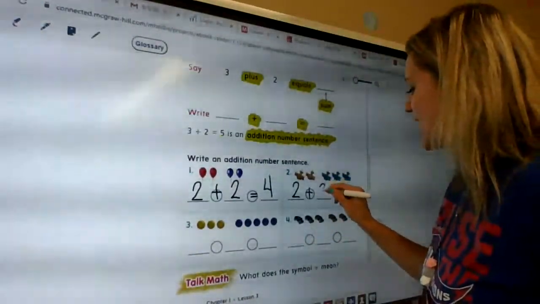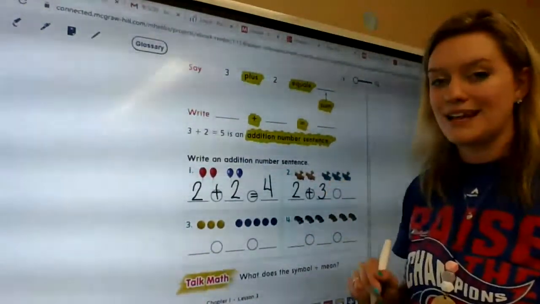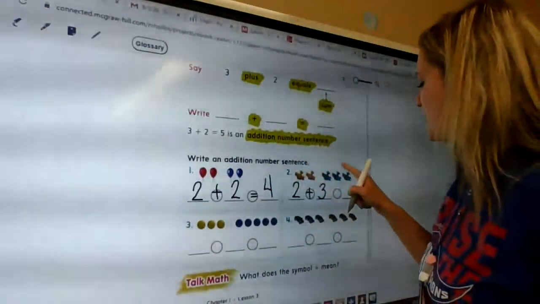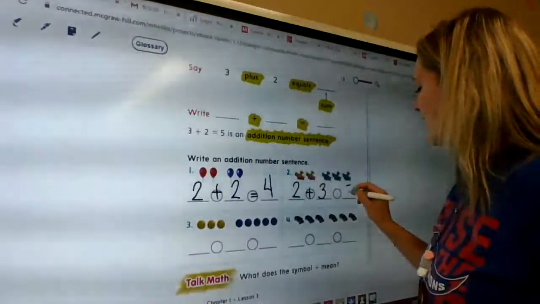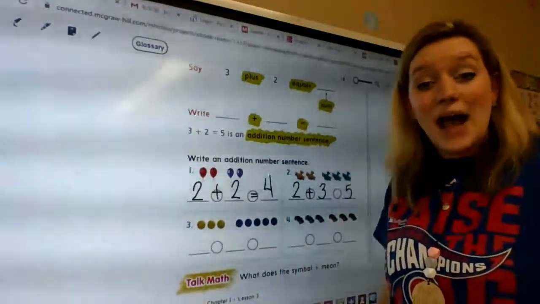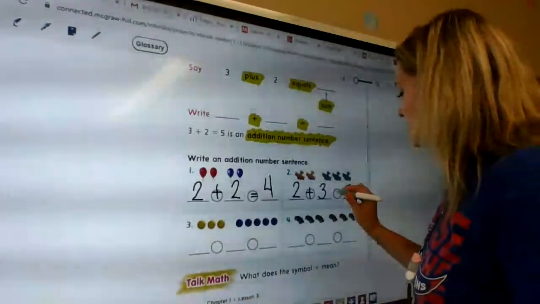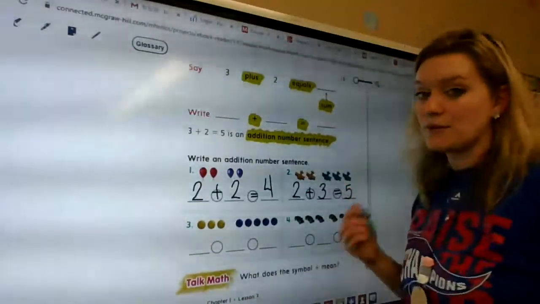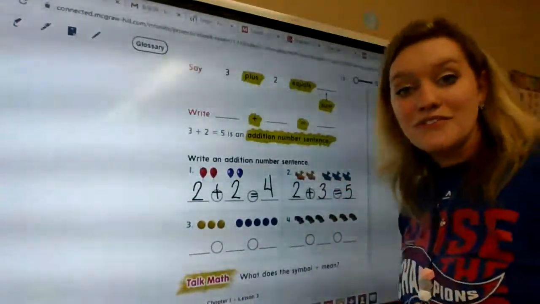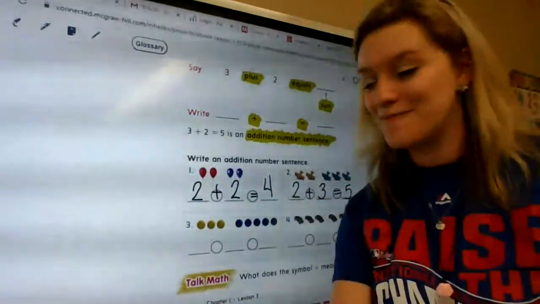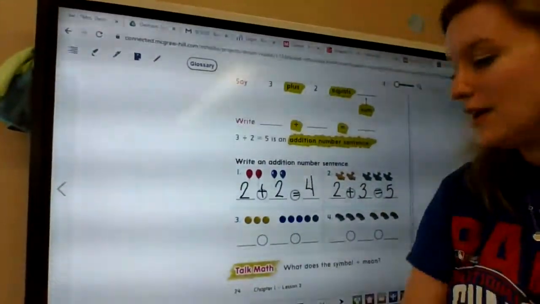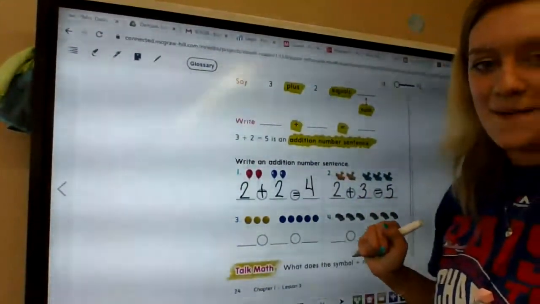So I'm going to add 3 blue planes. 2 plus 3, 1, 2, 3, 4, 5. Now, can I leave it just like that, or am I missing something? I'm missing my equal sign, so I need to put my equal sign. That way, when I read it, I can say 2 plus 3 equals 5.